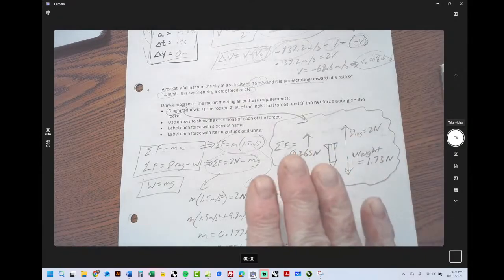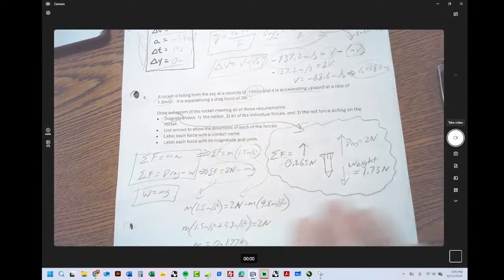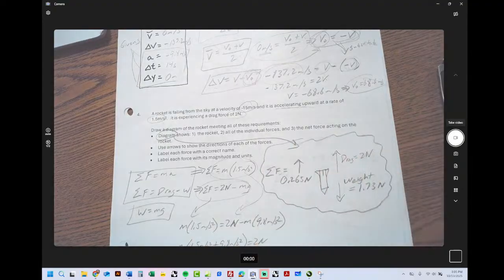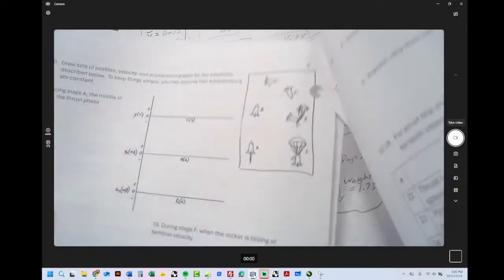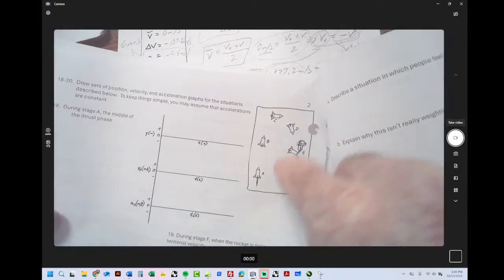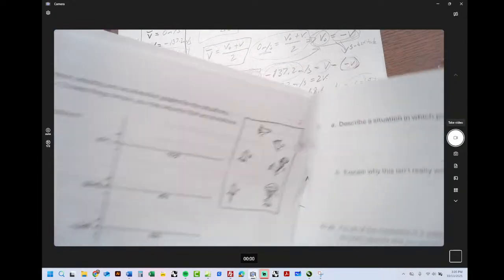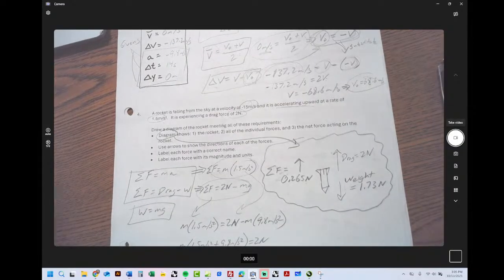So for both of these problems, it's really good to understand all the stages of a rocket's flight. That'll help you picture what's happening in here.